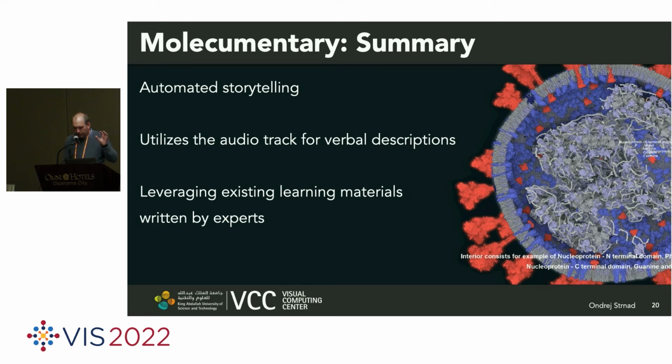So if we have these two inputs, we can directly plug them into our system and get the resulting visualization, the molecumentary. Did I answer your question? So it would be pretty straightforward.